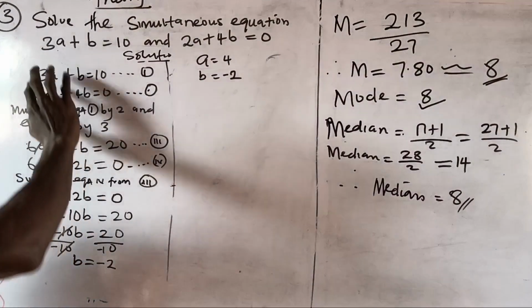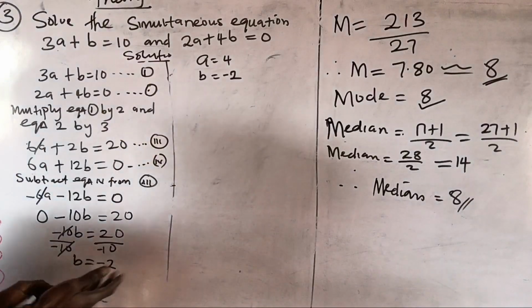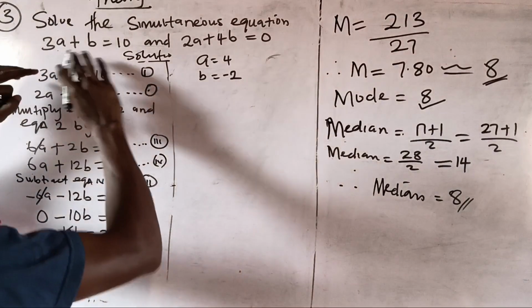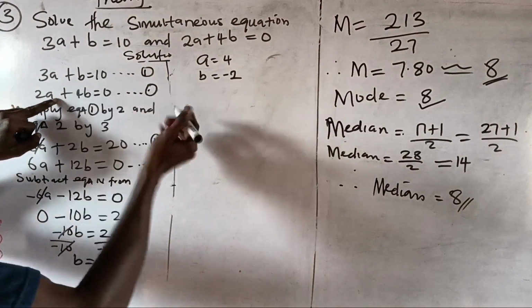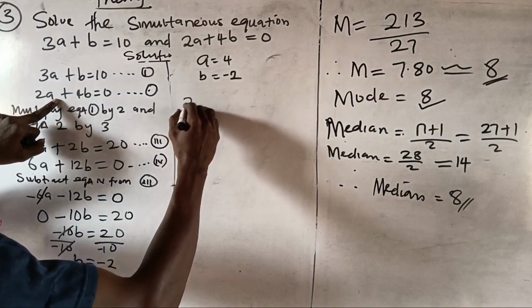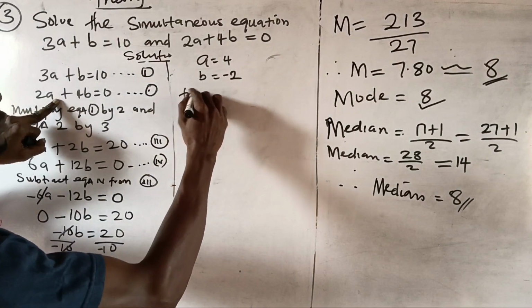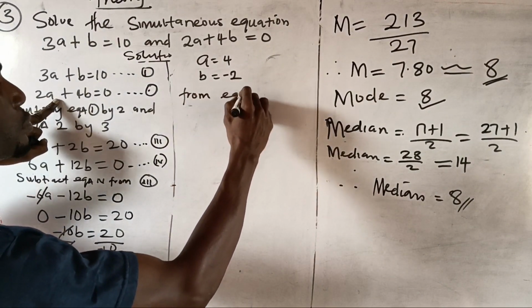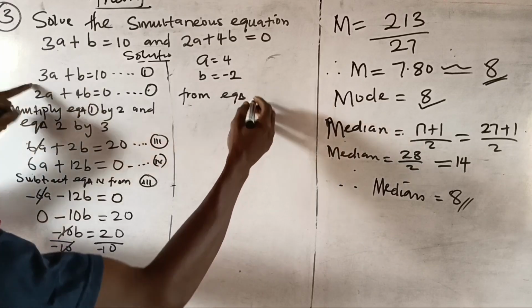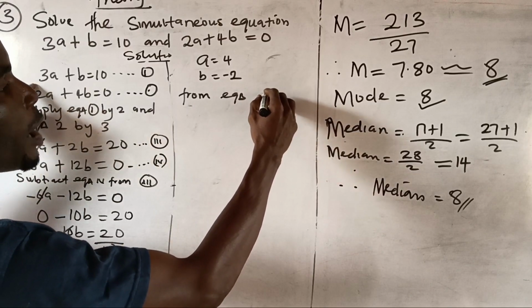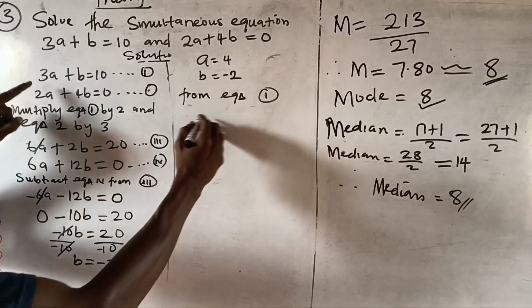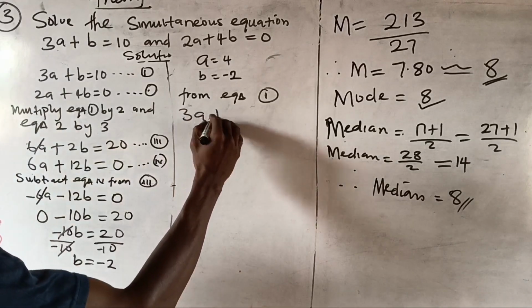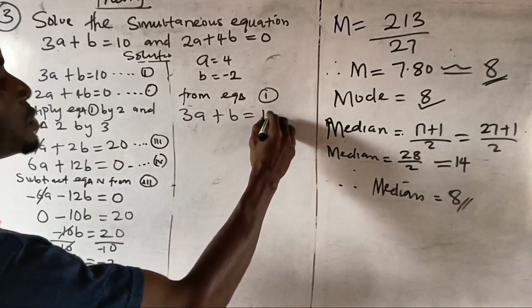So I'm going to pick any equation here to solve for my a. Let me pick equation 1. So the equation 1 is 3a plus b equals to 10.